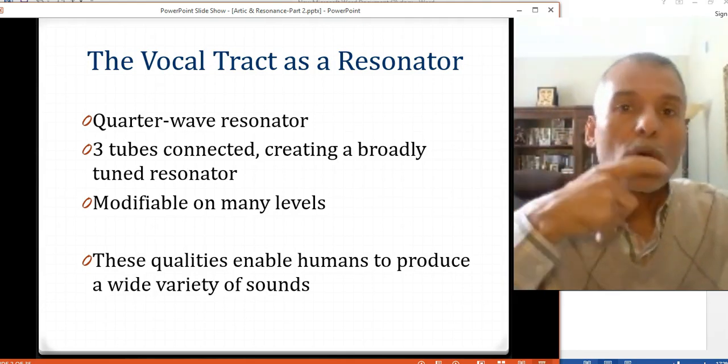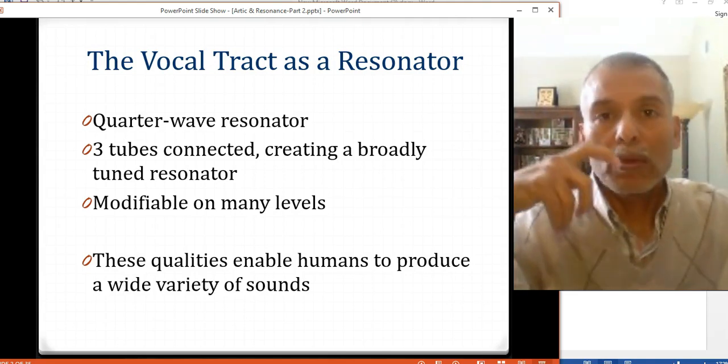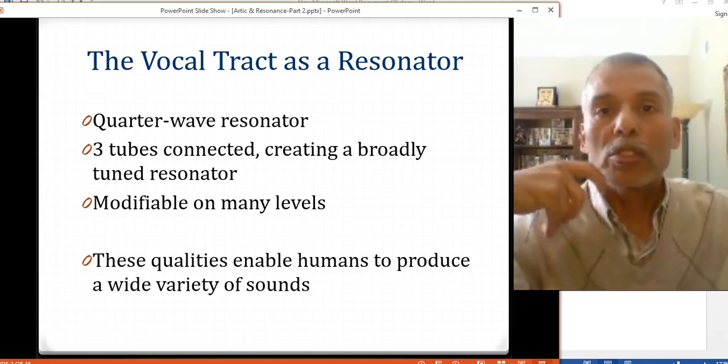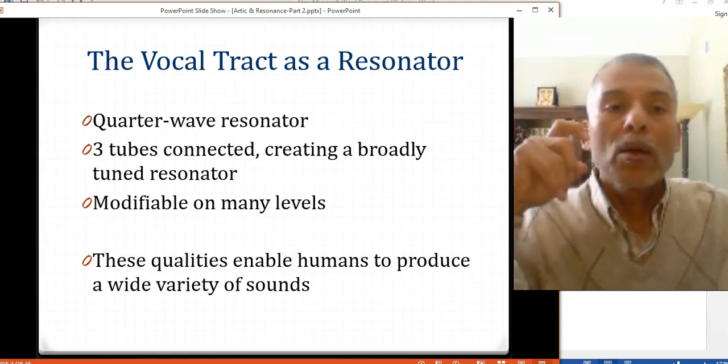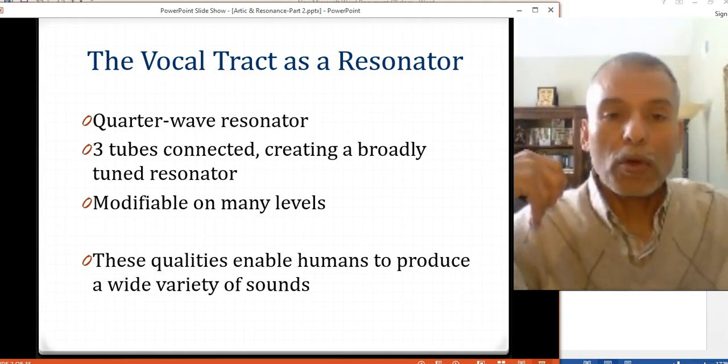In other words, the resonant frequency occurs the first time when 1/4 of the wave fills the entire vocal tract.